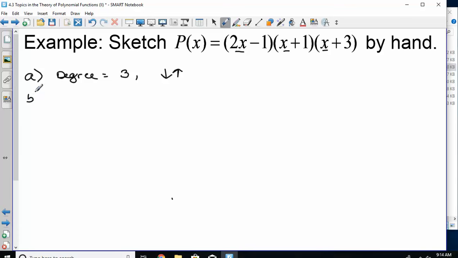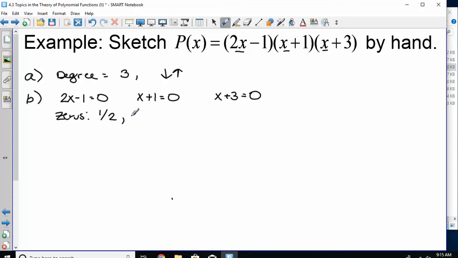Okay, what's my second step? Zeros and multiplicities. Since this is factored, all you have to do to find your zeros is just set each parenthesis equal to 0. So 2x minus 1 equals 0, add your 1, divide by 2, you get 1/2.